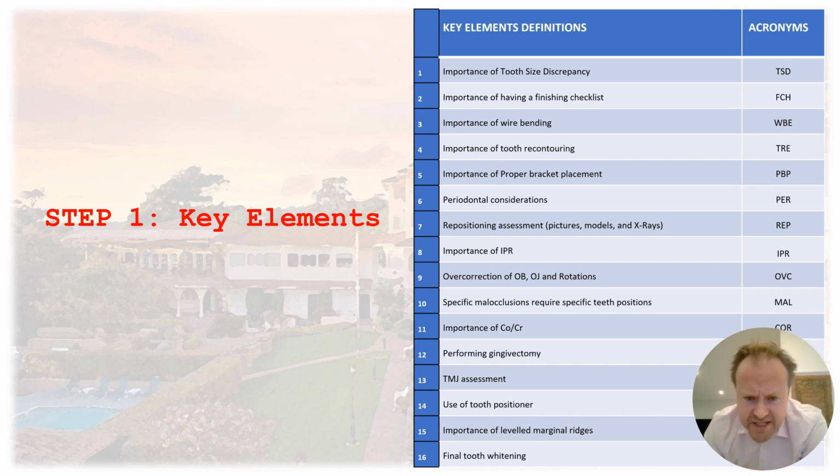These 16 concepts called key elements were at least mentioned in 3 different articles.